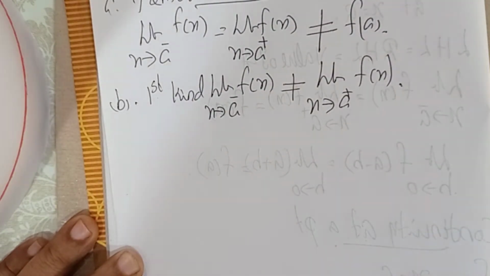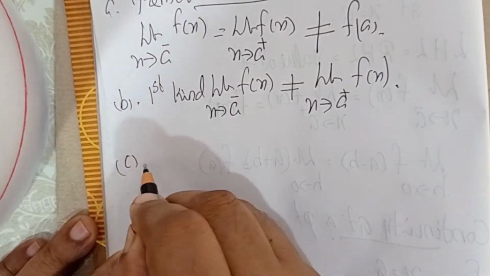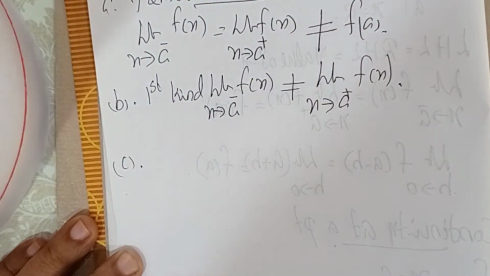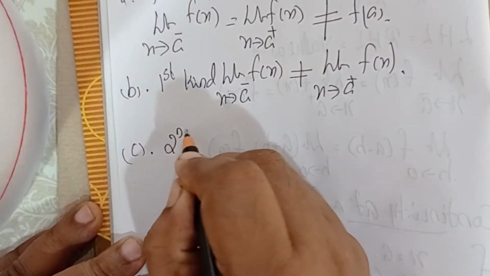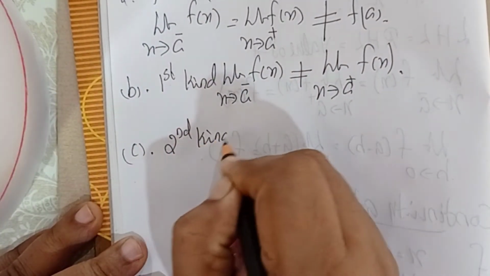Then the third one, C, is discontinuity of second kind.